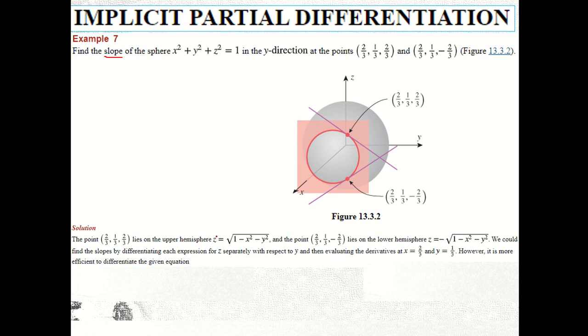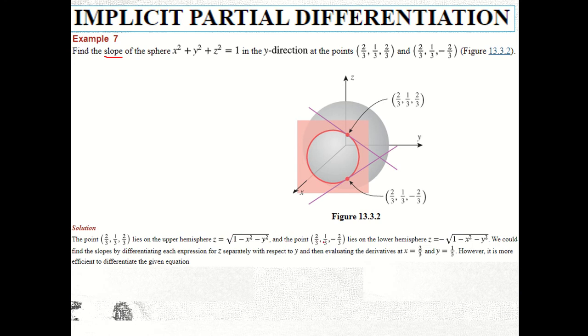Given this equation, z is equal to the square root of 1 minus x squared minus y squared. This is the equation of the given hemisphere in the upper part, so z as a function of x and y is given in this expression.